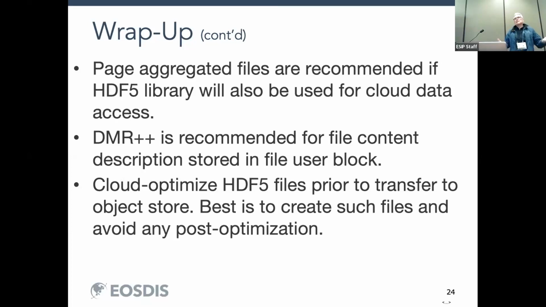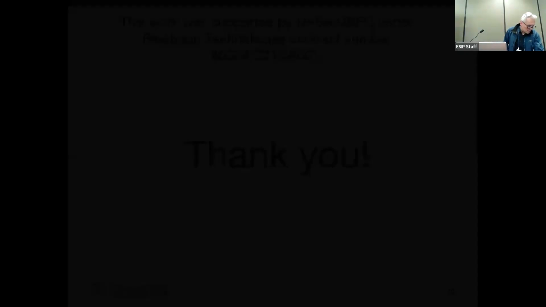And obviously, cloud optimize these HDF5 files as much as possible before they leave you and go into the object store. Because otherwise what you need to do is copy them from the object store, bring them back to some file system, and then do all this work. And that is it, thank you.